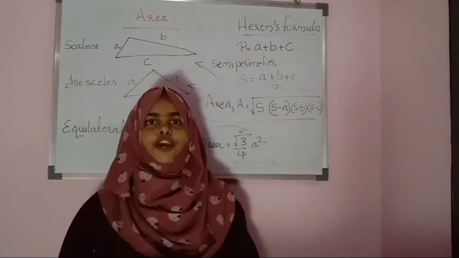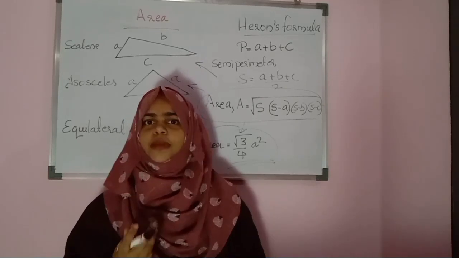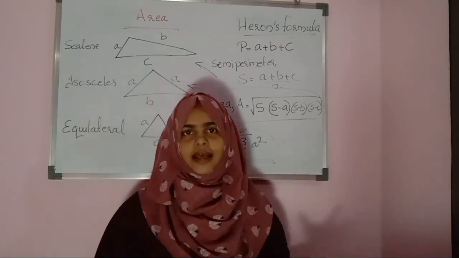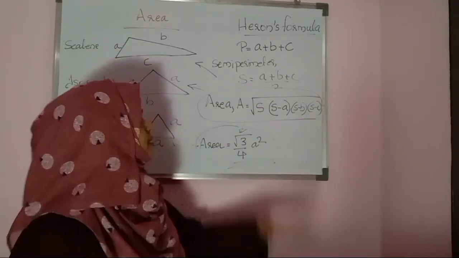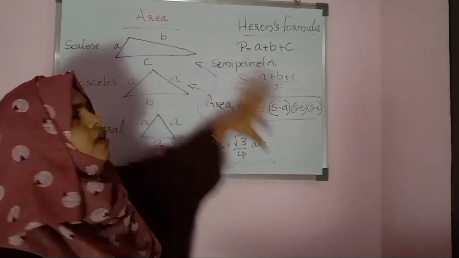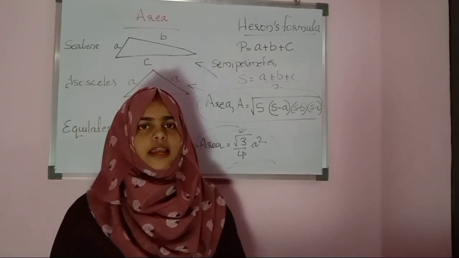So the area of a triangle is found by half into b into h. If we don't know the height h, we could find the area of a triangle using Heron's formula. It is very useful if we don't know the height of the triangle.